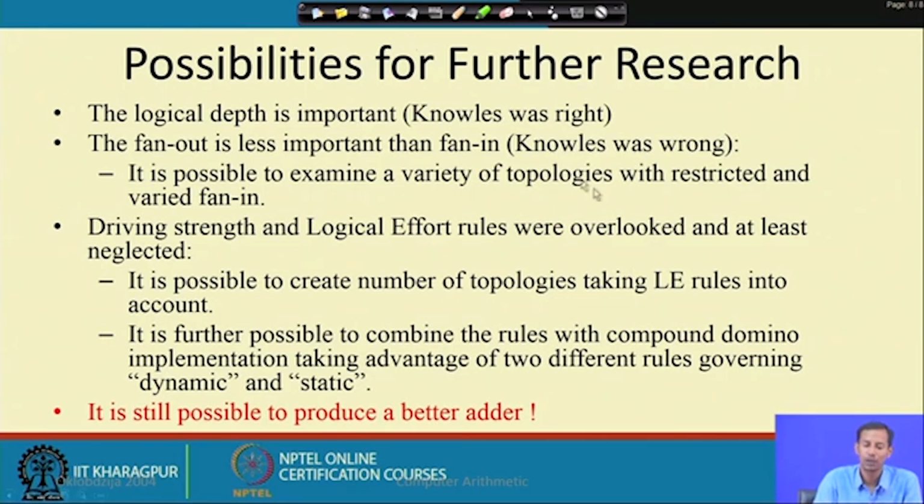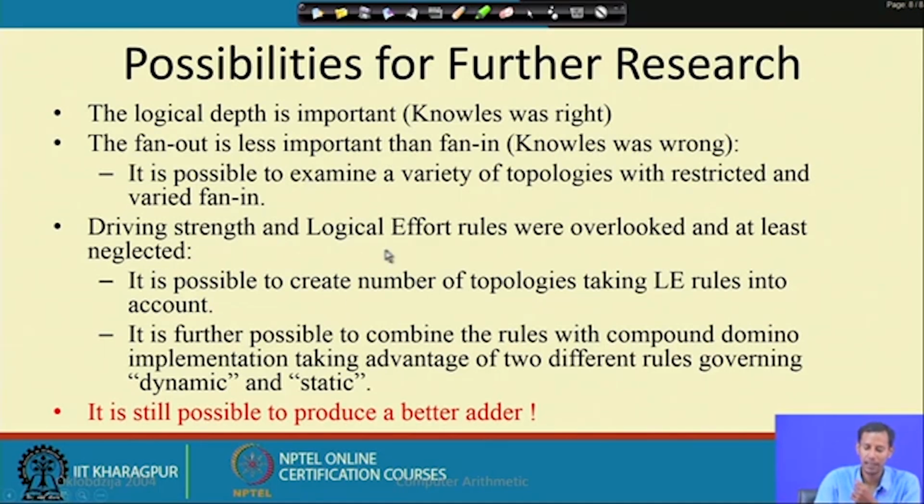That is a very important aspect, and you can look into that further. Then fan out is less important than fan in, because if we restrict the fan in, the levels will increase. So, it is possible to examine a variety of topologies with restricted and varied fan in. That is another direction of further research.